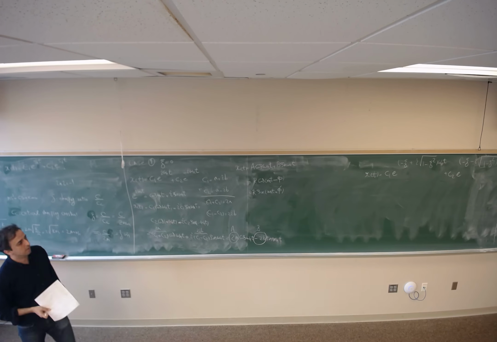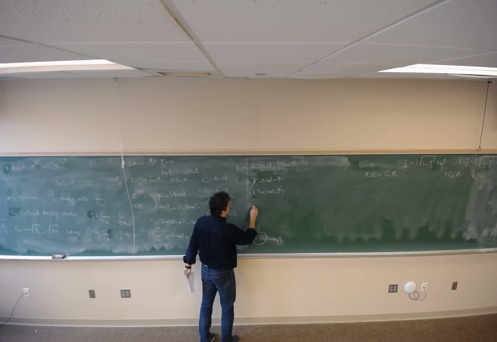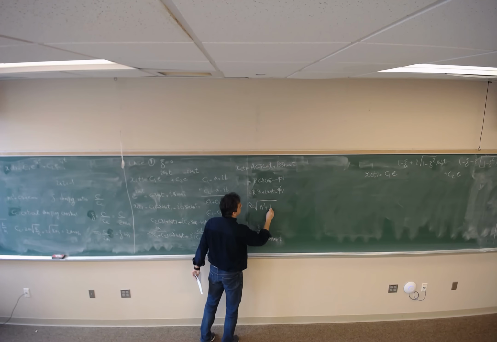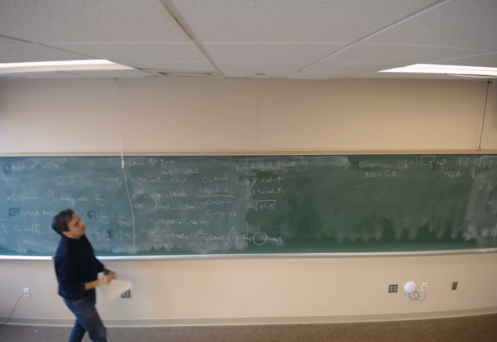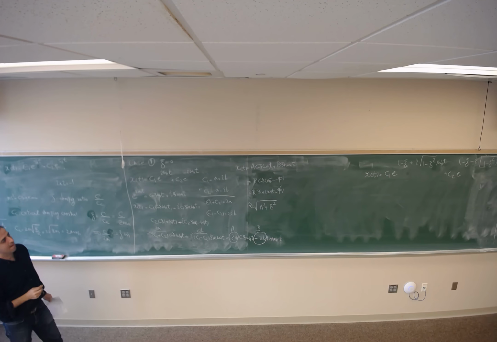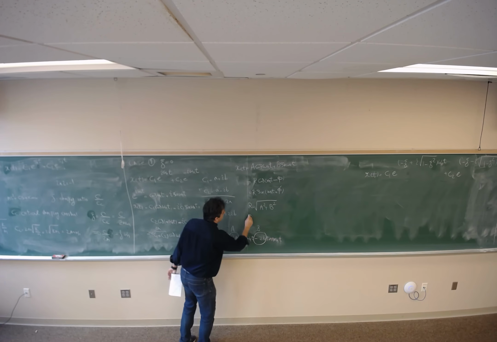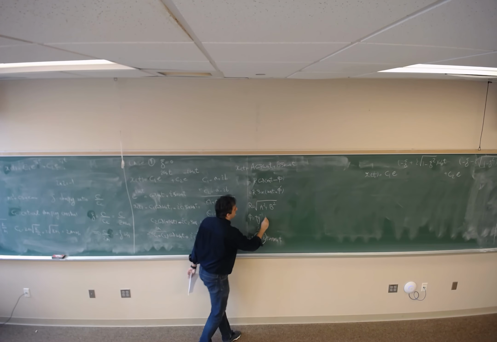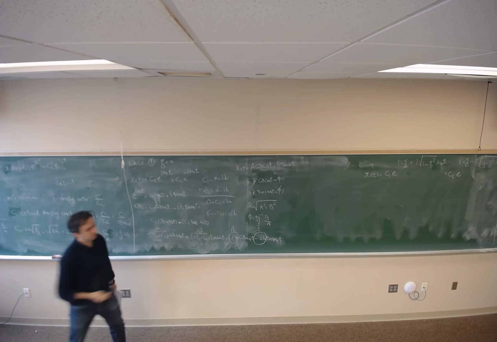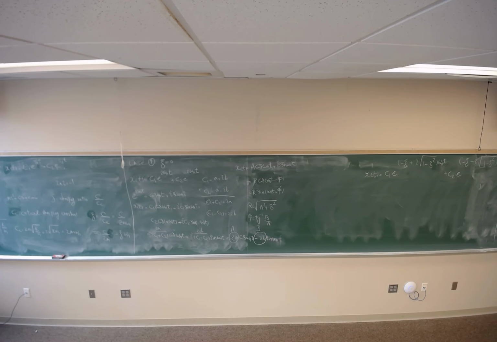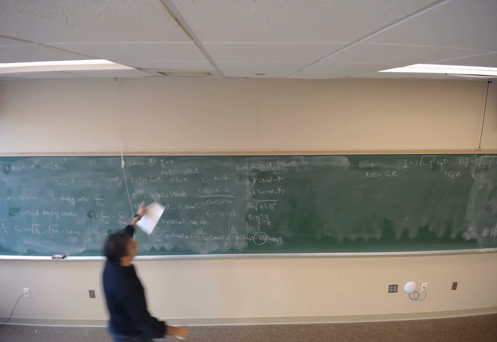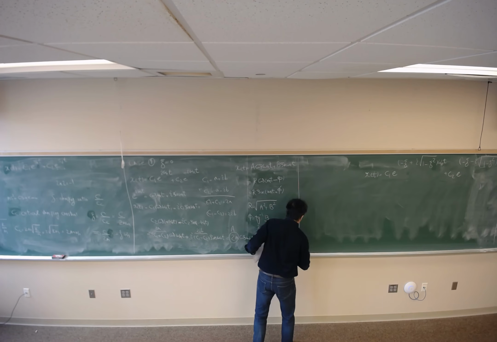Anyway, the amplitude is the square root of a squared plus b squared, and phi was tangent inverse of b over a. Good. We were supposed to get the same result that we derived for the no damping system.